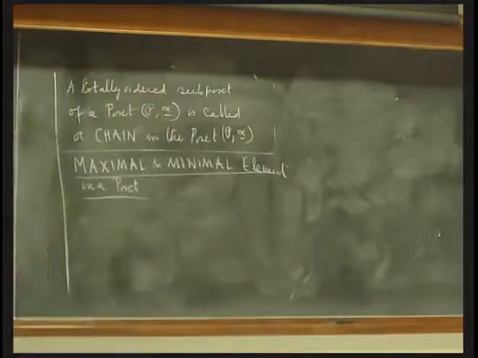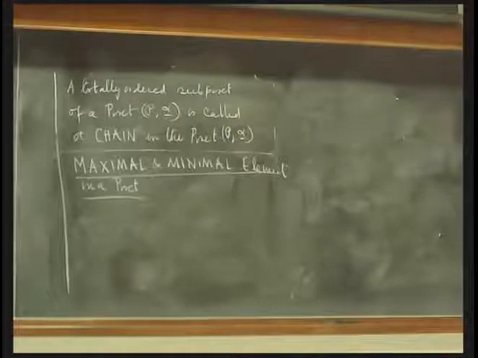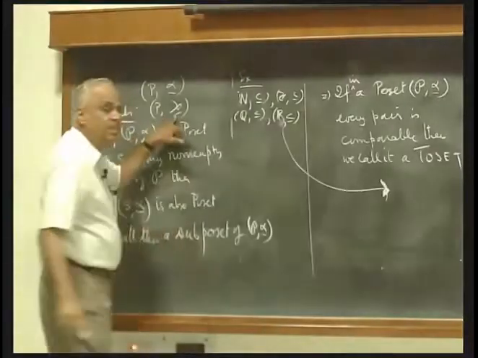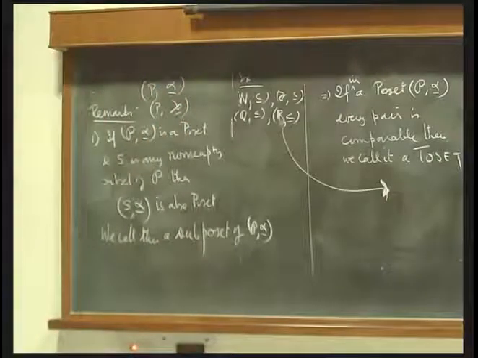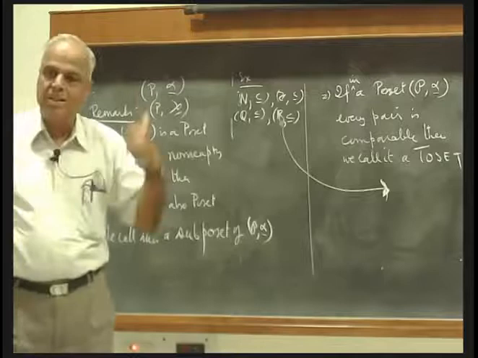By the way, if this is a poset, this is also a poset. What is this? This is the reverse relation. If A is related to B in that relation, we say B is related to A. So that is a poset, this is a poset.